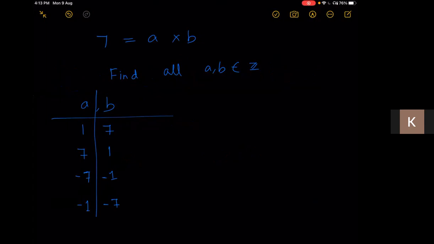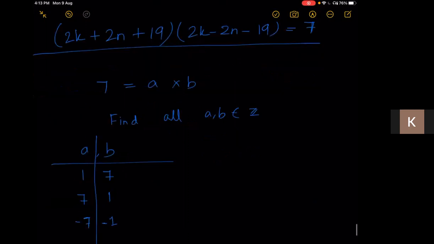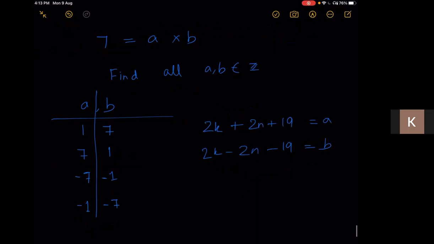Now what you do, you check these: 2k plus 2n plus 19 equal to A, 2k minus 2n minus 19 equal to B. Now put these values of A comma B one at a time, and you will get 4 systems. From there you get all the solutions.